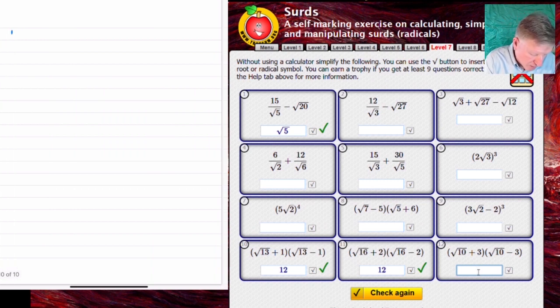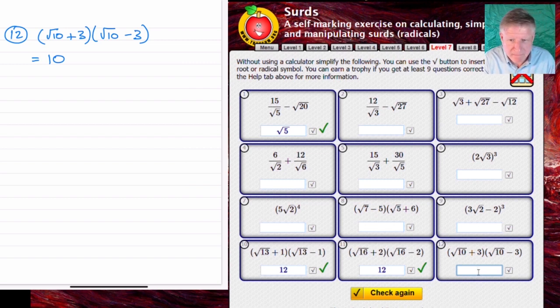Question number 12. Root 10 plus 3, root 10 minus 3, multiply them together. Root 10 times root 10 is 10, and then plus 3 root 10 minus 3 root 10, it disappears, and then minus 9.